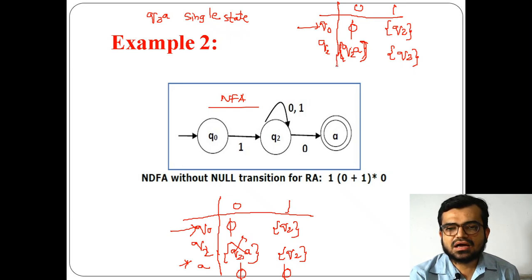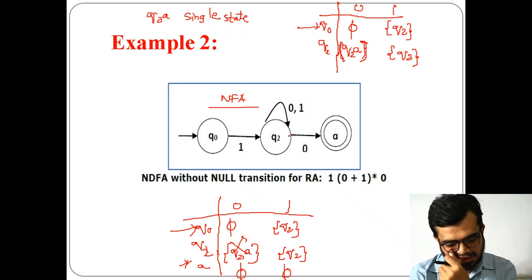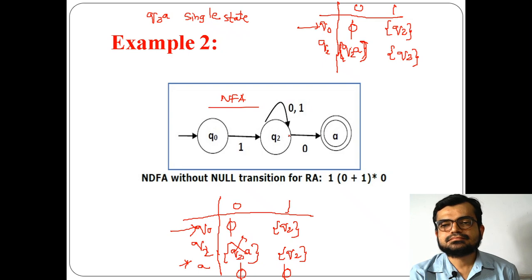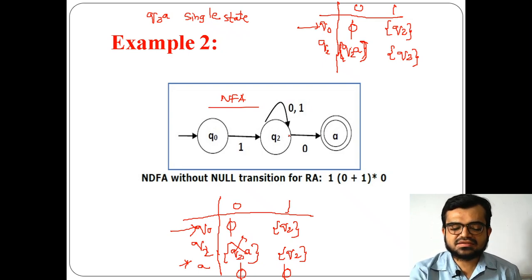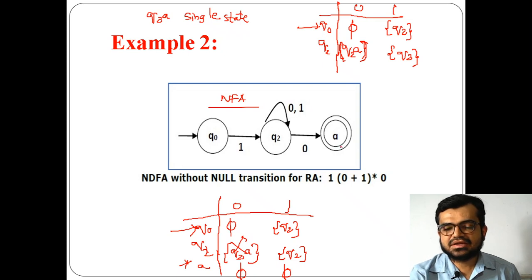Now what is the next state I am taking here? A. But you shouldn't take it in this way. The next state will be decided by this one. In Q0, the available state is Q2, so I have taken Q2 here.